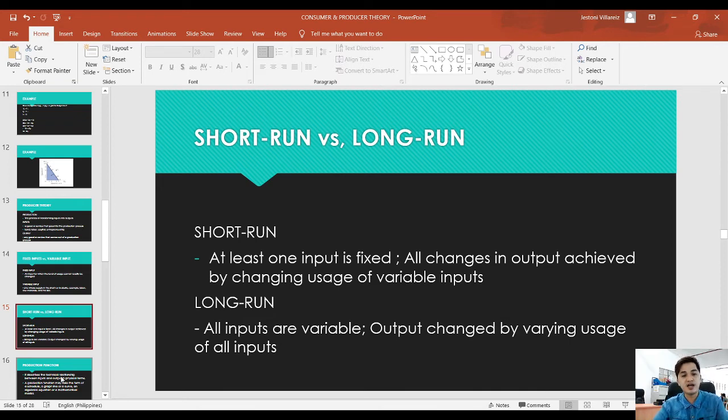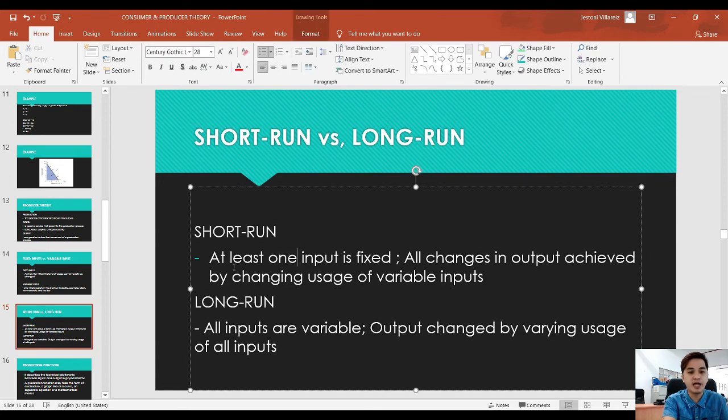In the car industry or airline industry, short run is either 1 year, 2 years, 3 years. Again, it's a relative term, but in economics, to consider a period short run, what you should remember is at least one input is fixed. So going back to the definition of fixed input, these types of inputs cannot change right away.